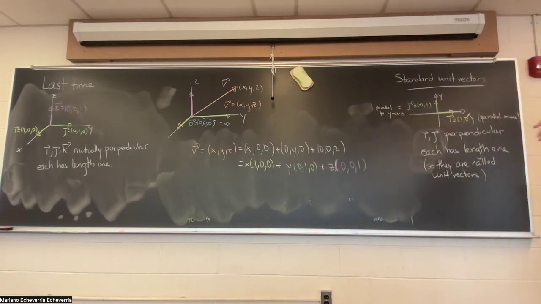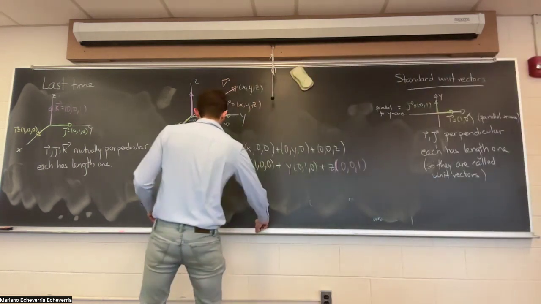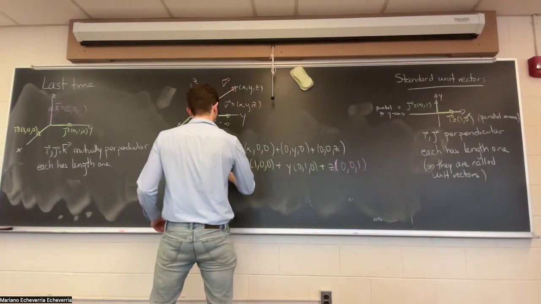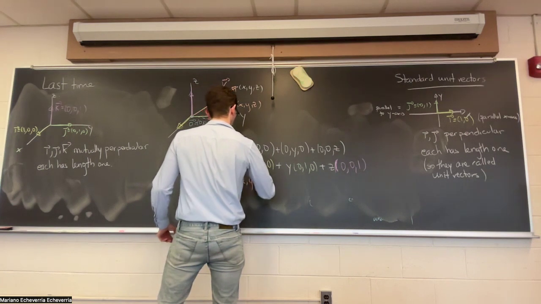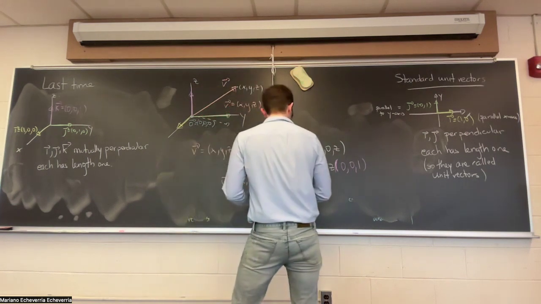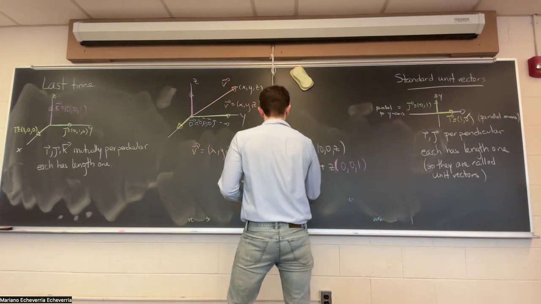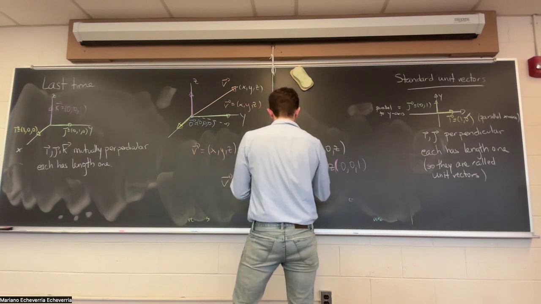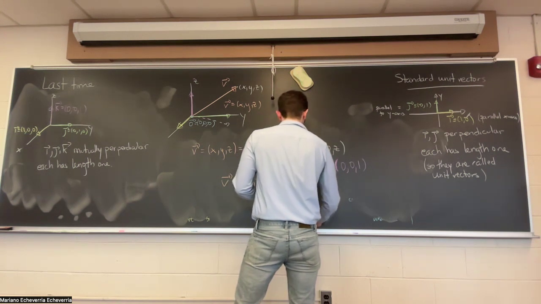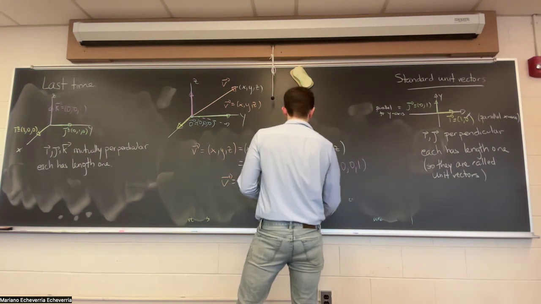But what that tells you is that the vector v, which was (x, y, z), is just xi plus yj plus zk.